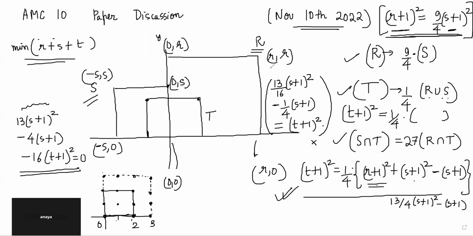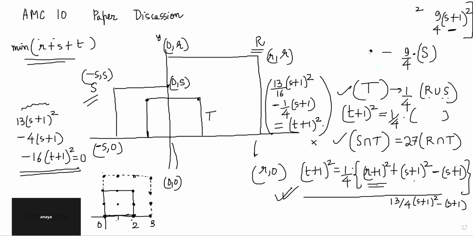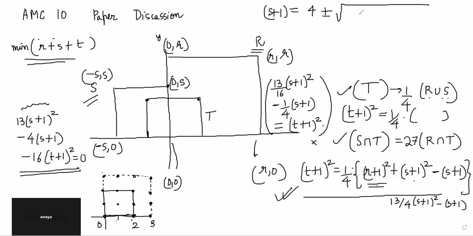Okay, so let's try that. We will get S plus 1 is equal to negative of B, so 4, plus minus root over B square 16 minus 4 into 13 into negative 16 T plus 1 whole square, all divided by 2 into 13.